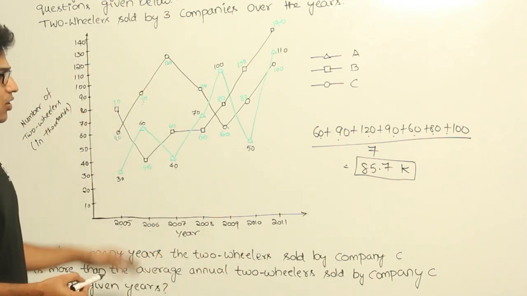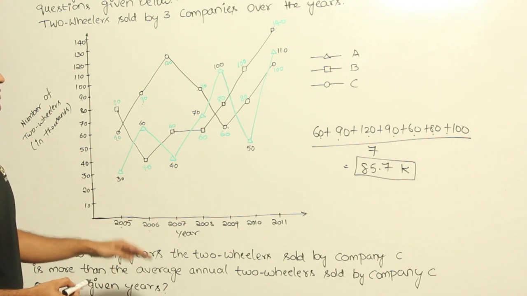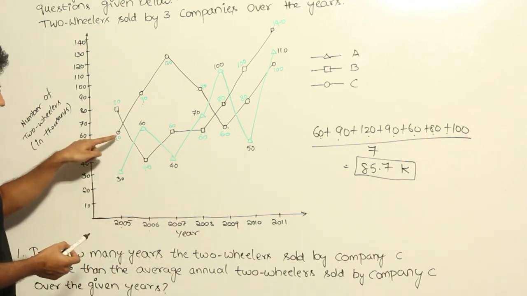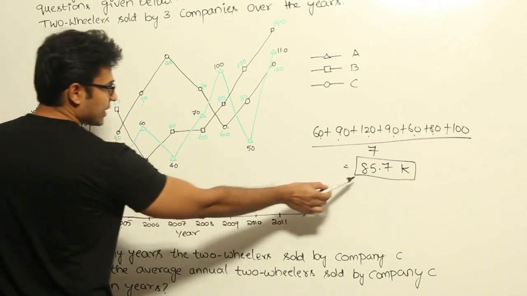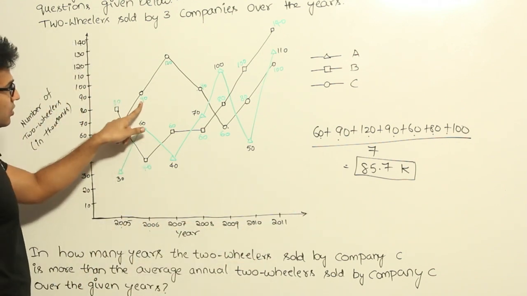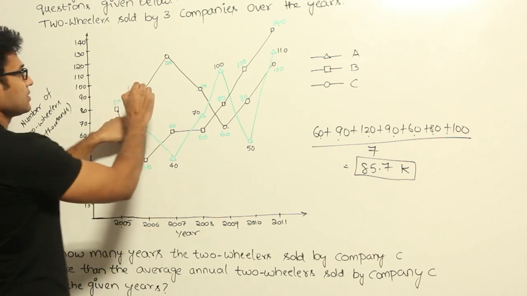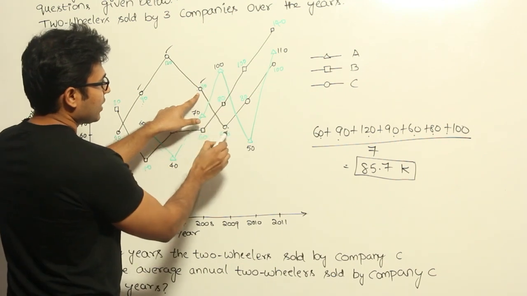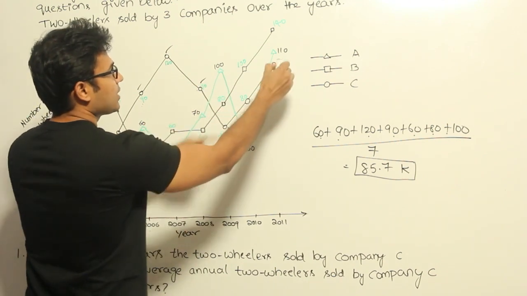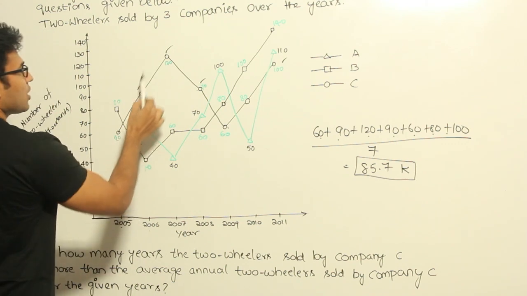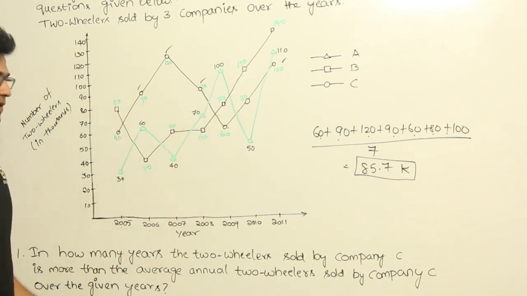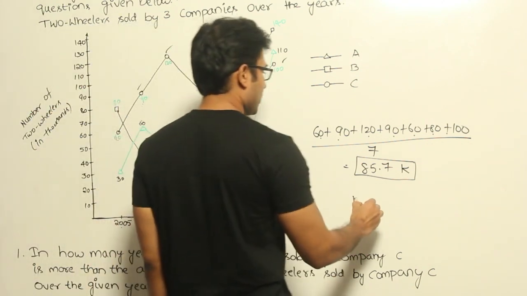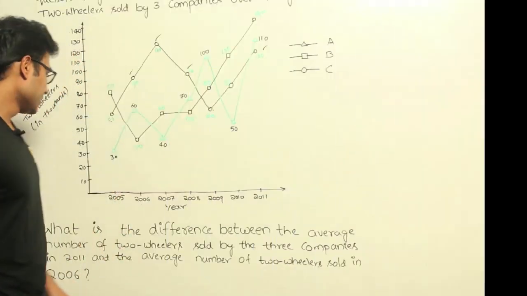Now they are asking in how many years the sales are more than this average by company C. In 2005 it is 60, less than this, and in 2006 it is 90, greater, then 120 is greater, and 90 is greater, and 60 is less, 80 is less, and 100 is greater. Therefore overall in 4 years the sales are more than the average sales.